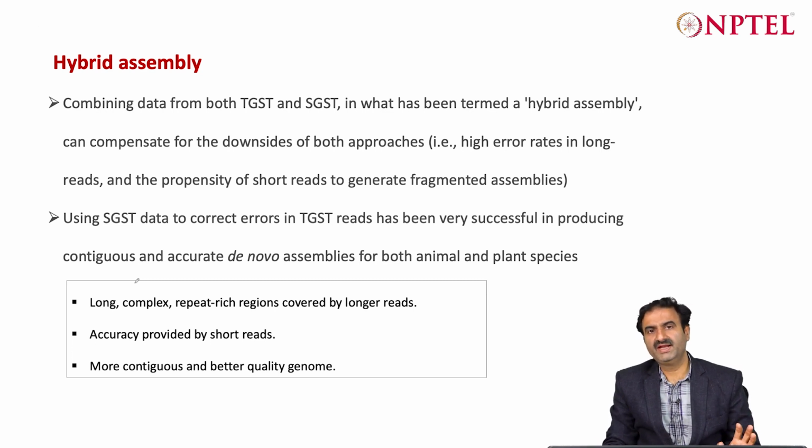And once you have the hybrid, there are different ways of achieving the hybrid assembly. Either you use the short read data to improve the long read assembly, or long read data to improve the short read assembly, right?